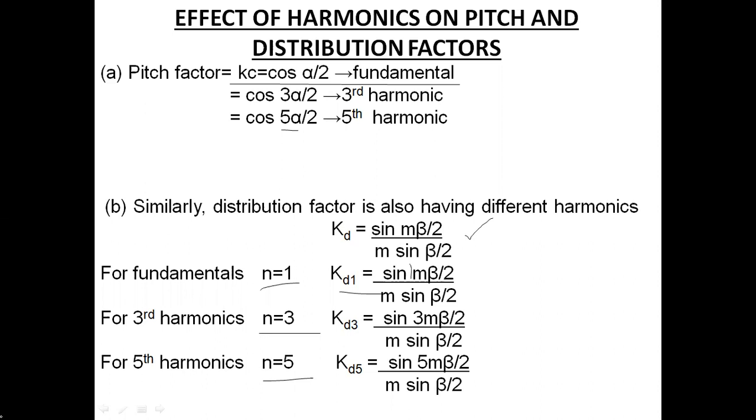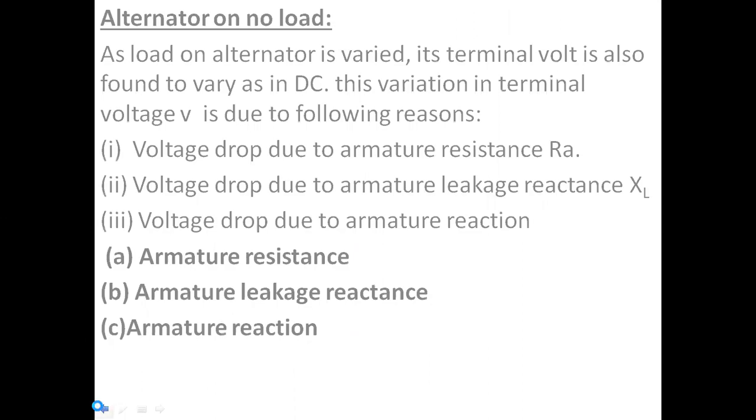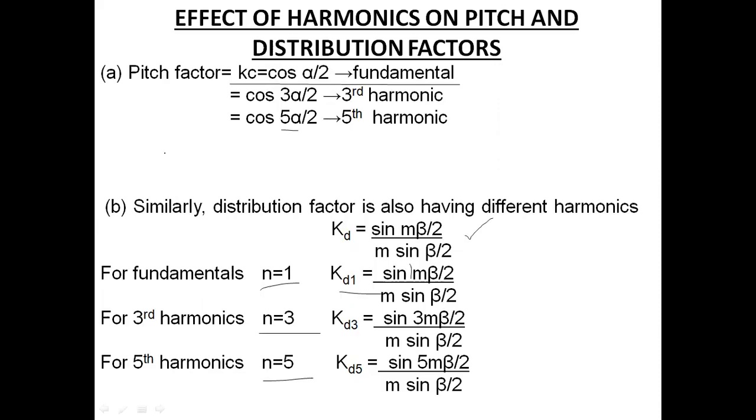Okay, next, the last one. Frequency will also be changed. I have not mentioned the last one, so just listen: frequency is also changed. The fundamental frequency is 50 Hz. For third harmonic, it is 3 into 50. So F is equal to 50 Hz, okay, this is for the fundamental, considered as F1.